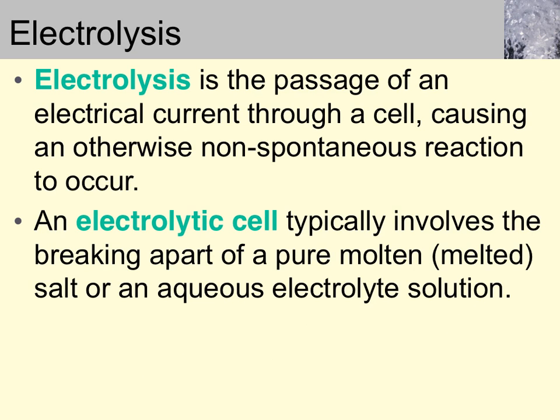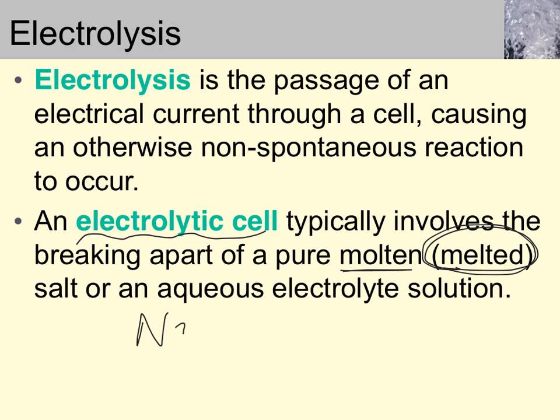Why would anybody want to use a non-spontaneous cell? Why do you want to put energy into something? The industrial uses for an electrolytic cell typically involve the breaking apart of a melted ionic compound. We call that molten.